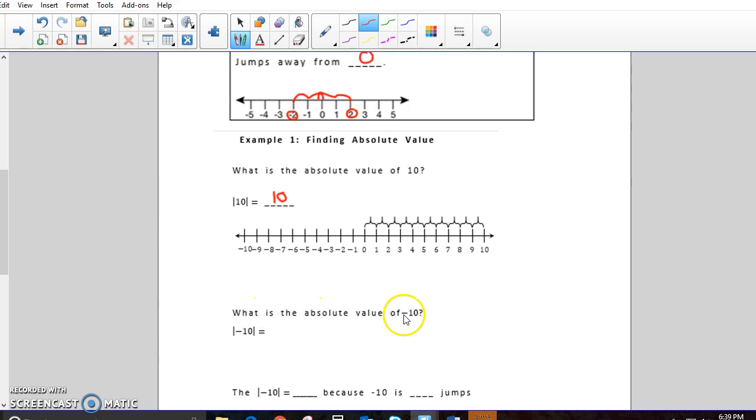What is the absolute value of -10? This can be read as absolute value of -10. So the absolute value of -10 is 1, 2, 3, 4, 5, 6, 7, 8, 9, 10, because that's how many jumps it is from 0.